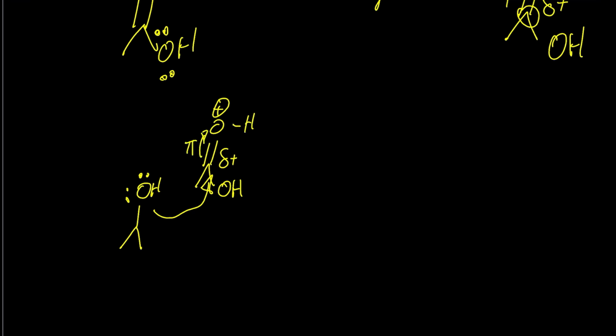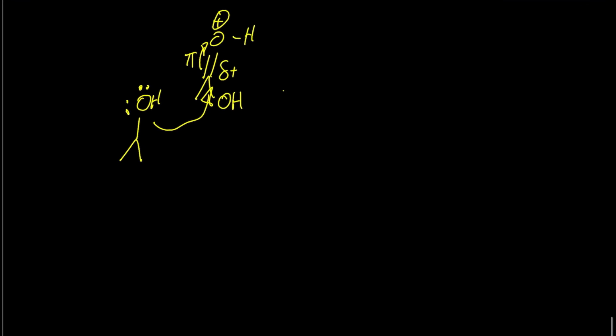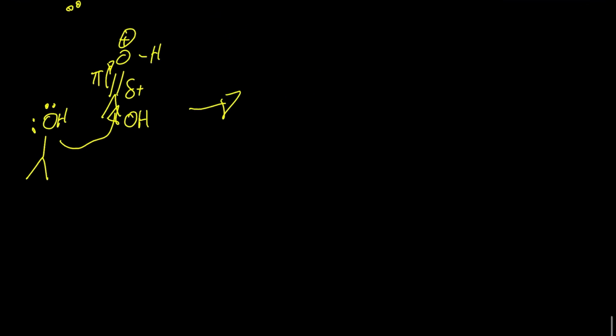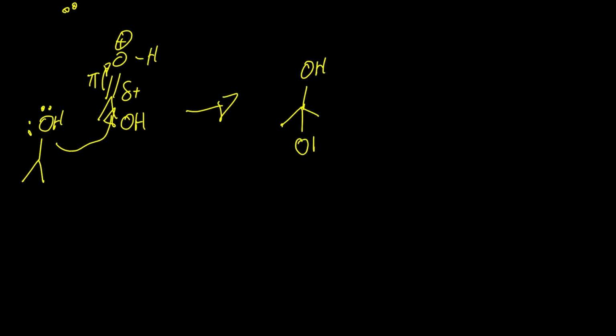So we will get this intermediate. This will form a tetrahedral intermediate. The electrons from this pi bond get sent back to the oxygen, and this oxygen will become positive, just like that.